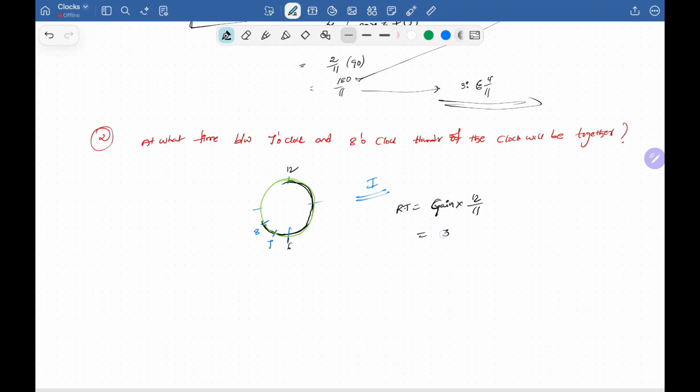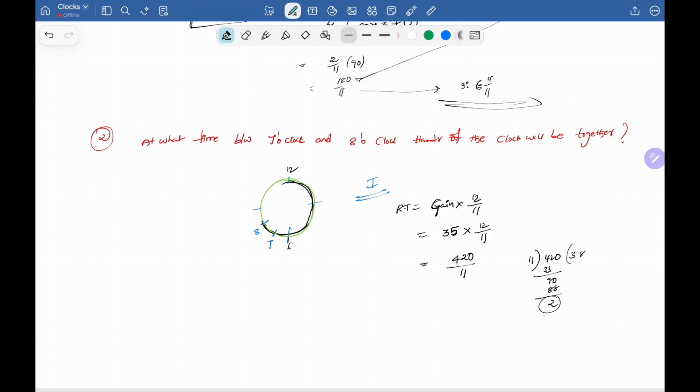See, 35 into 12 by 11. So what could be, 11 into 35 is 12. So total 420 by 11. If you divide 420 by 11, what could be, 3 11s are 33, then 90, it's 88.